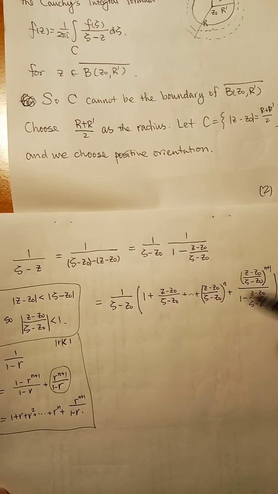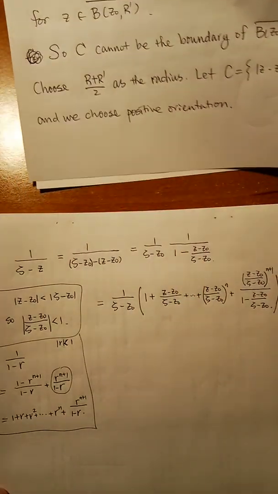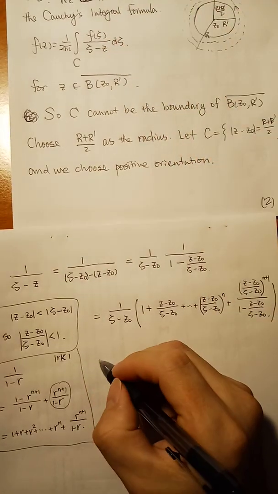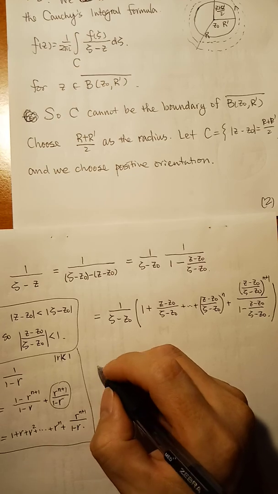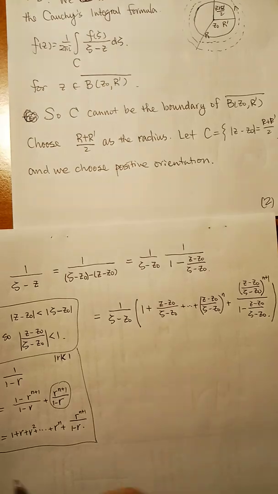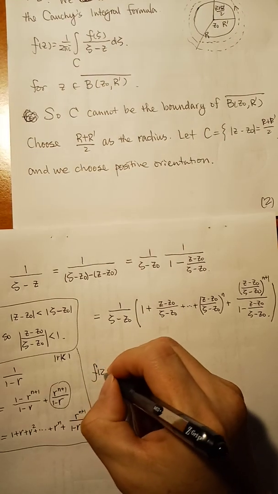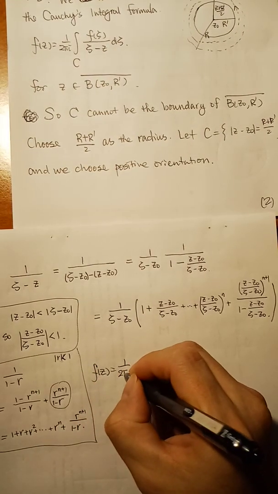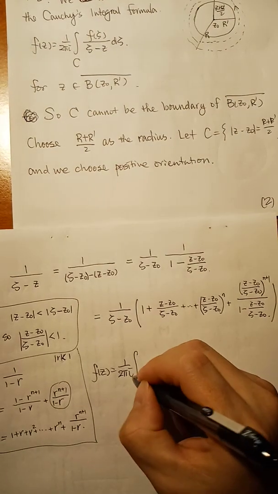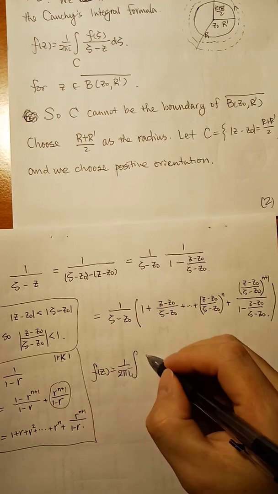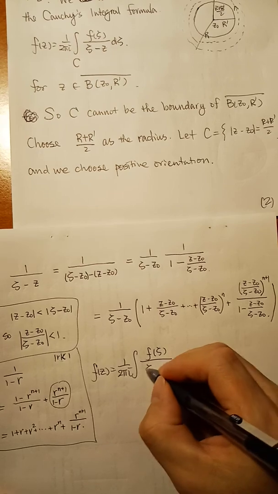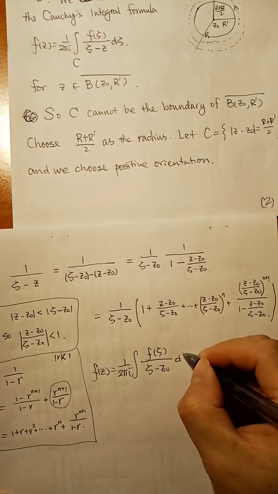So we take the integral. Remember that we have this. We take the integral of this times f of theta. We will get f of z. Let's put it here. f of z is equal to 1 over 2 pi i, the integral of f of theta over theta minus z0 d theta.